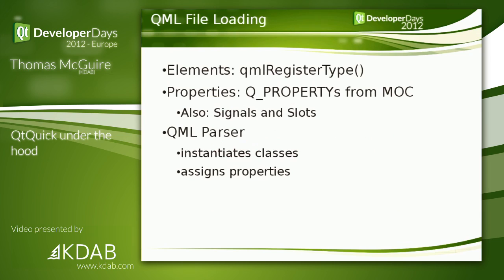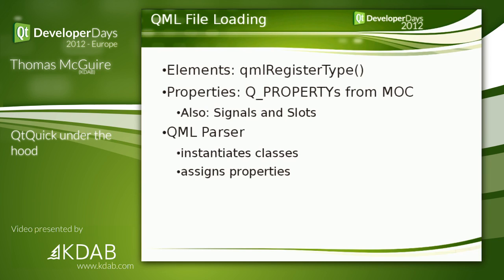So basically all that the QML engine does is instantiate objects and assign properties. That's done when the QML file is loaded. After that, the QML engine is done and it disappears. After that, it's all C++ code and the QML engine is not involved any longer. And as I said, these types, elements, are in the central registry.